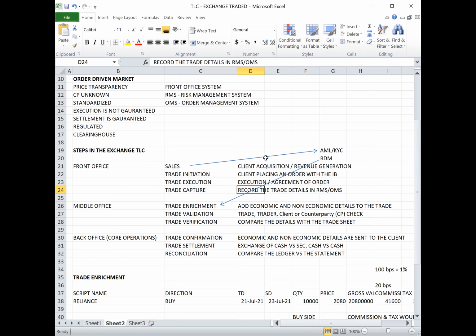So the front office person would record the trade details in this system. What was the direction of the trade? Was it buy or sell? What is the security name? What is the quantity? What is the price? So these trade related details would be captured in this system by the front office team. All right, are we clear with all this, guys? When will this happen? This will happen on trade date. All this.